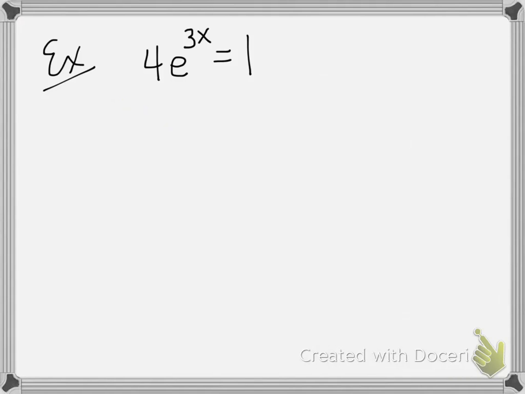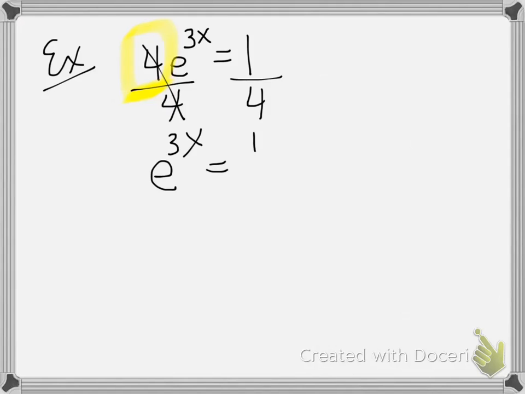All right, let's try this one. 4e to the 3x power equals 1. We have a little bit of a problem here because we have a 4 now. Remember, this 4 is a coefficient. So to get rid of e, we have to use ln, but we can't have anything in front of the e. So the very first thing I have to do is divide both sides by 4 so that e is the only thing on the left side of my equation.